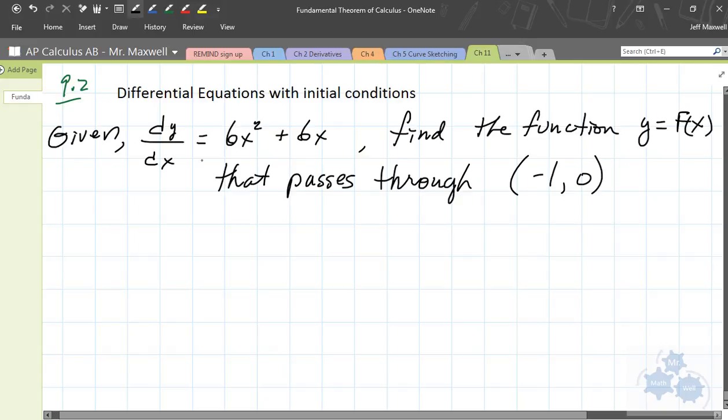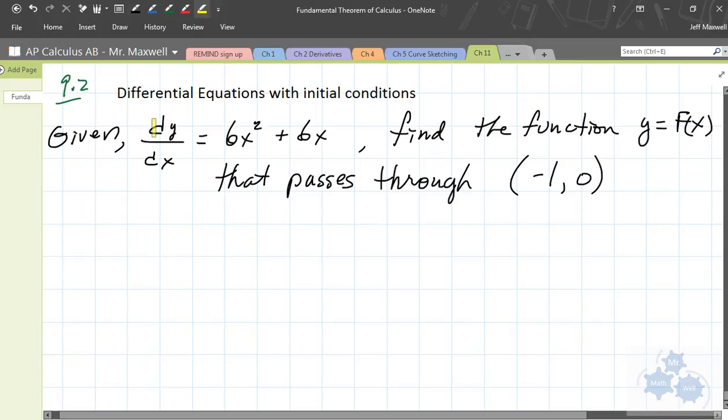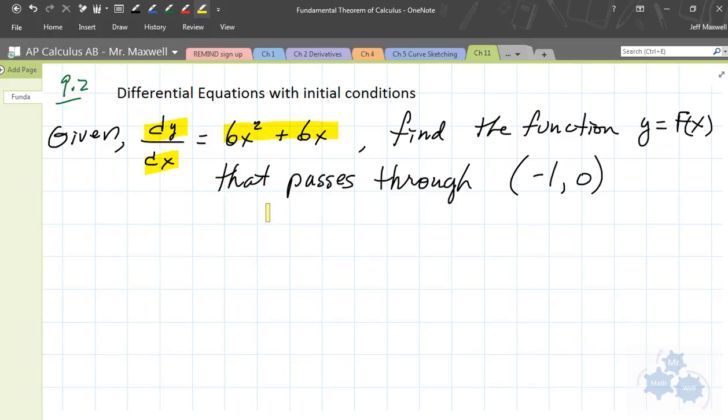So, differential equations with initial conditions, a question that might be asked is this. Given the derivative of y is 6x squared plus 6x, now that's the expression for the derivative, right? That would be the expression for the slope of a tangent line at any value x.